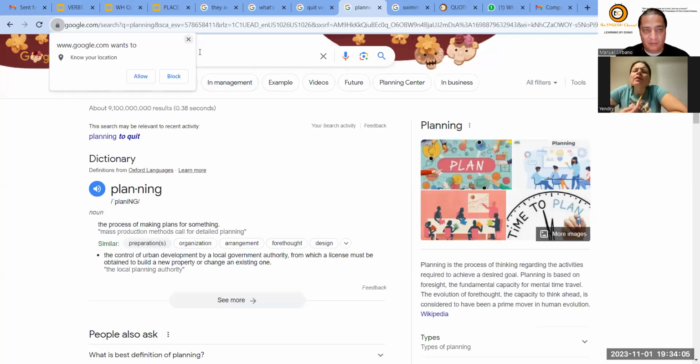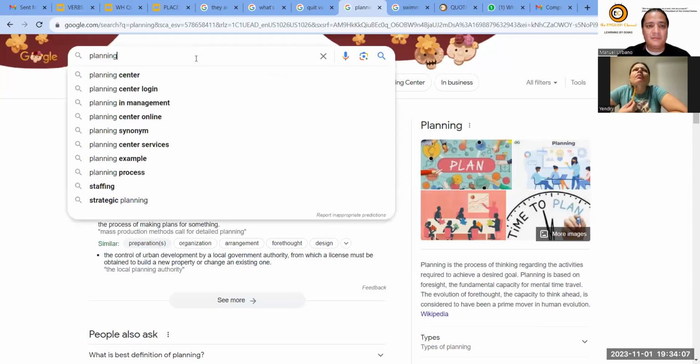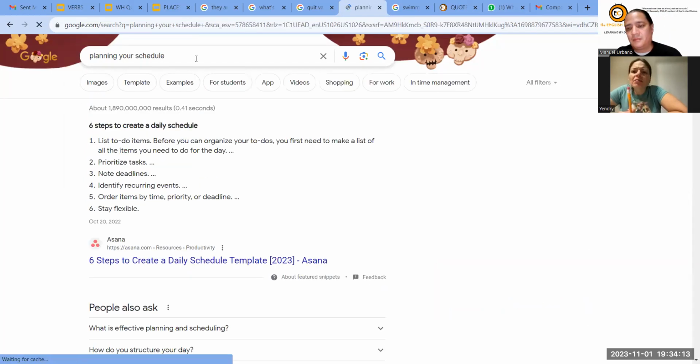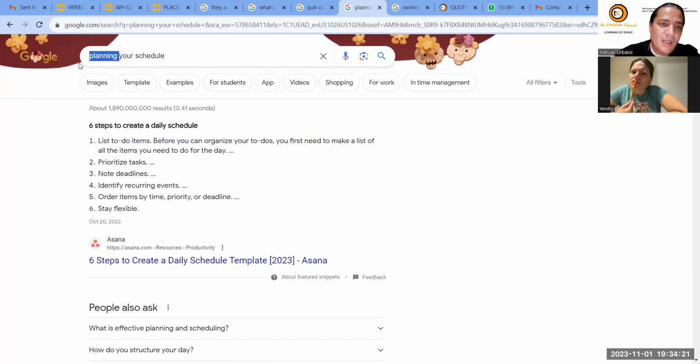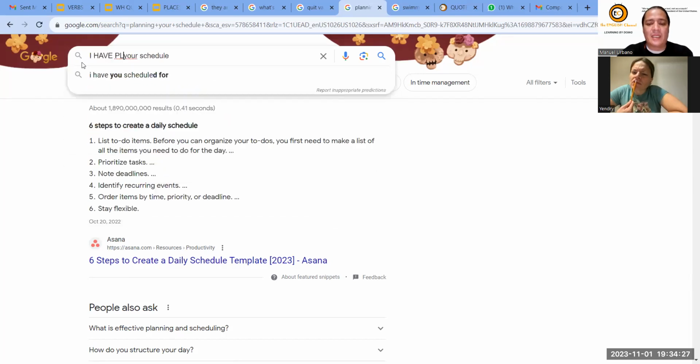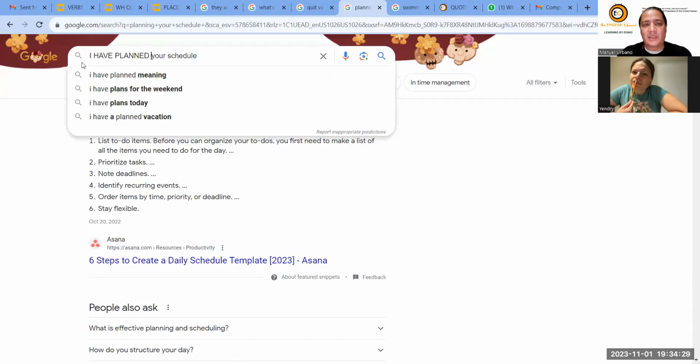Let's go to our images. Manuel, can you give the example, the verb in participle? Yes, sure. In participle, you have to use the auxiliary have.